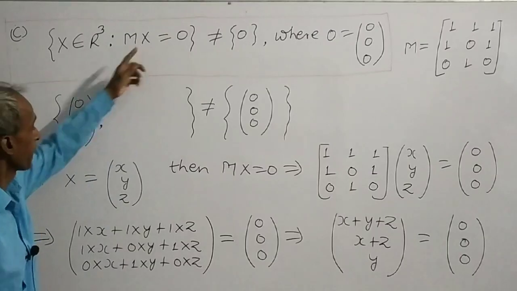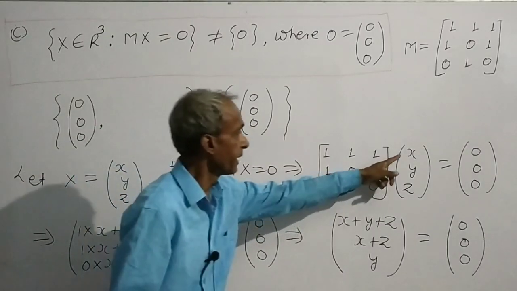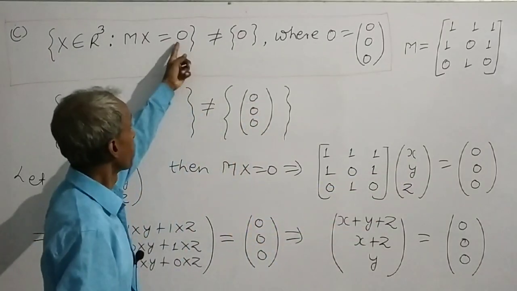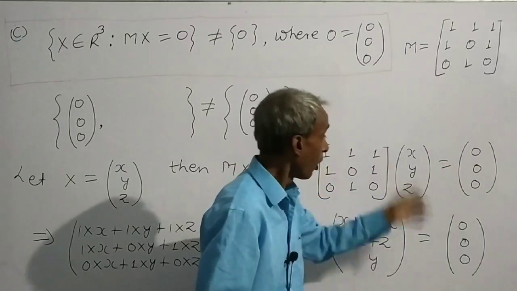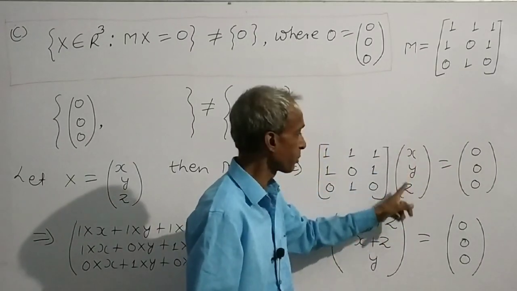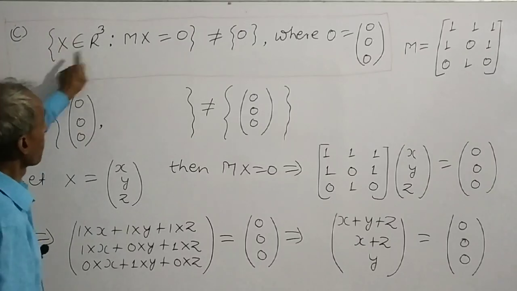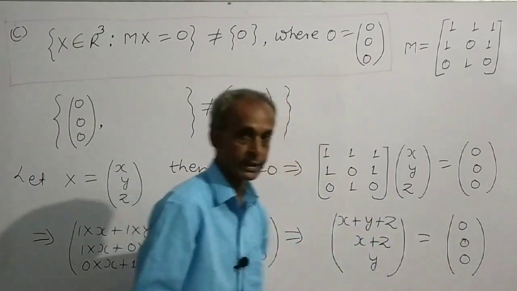In place of X, if we suppose X is equal to this matrix, then in place of X we write this matrix, and in place of this 0 we write this matrix. All such matrix X, Y, Z will be element of this set that satisfy this condition.